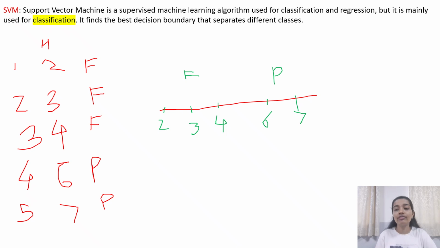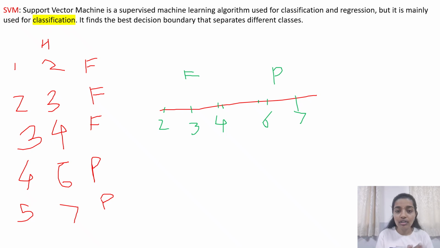Now let us say a new data point comes, a student studying for 4.5 hours. It will lie somewhere here, so there is a probability that the student has failed. Then there is another student who studies for 5.5 hours, so it is close to this, and it may be that the student has passed. So we need to come up with a decision boundary, that means a line.